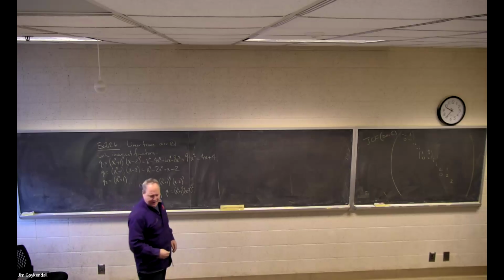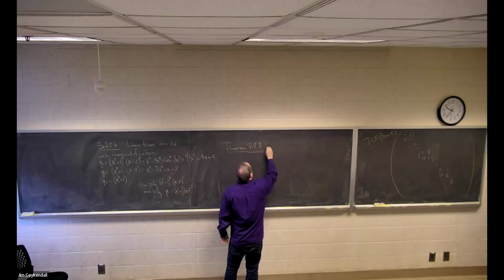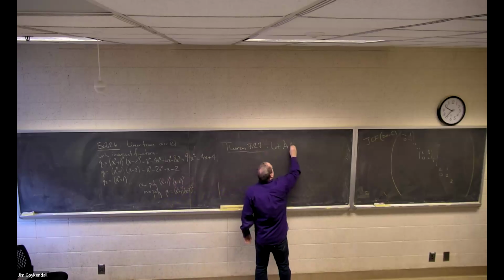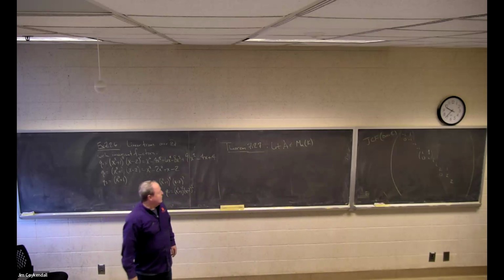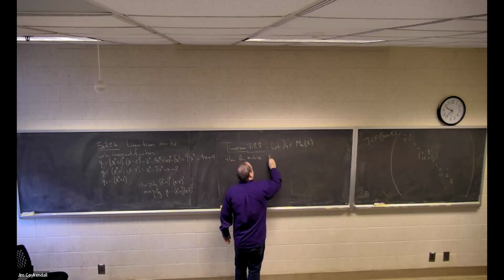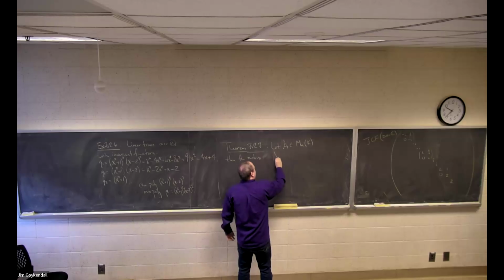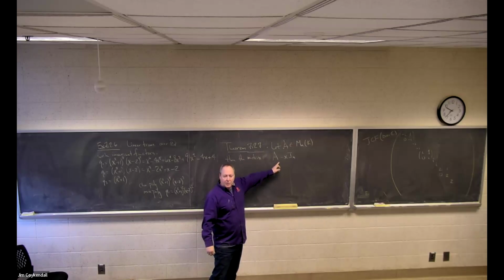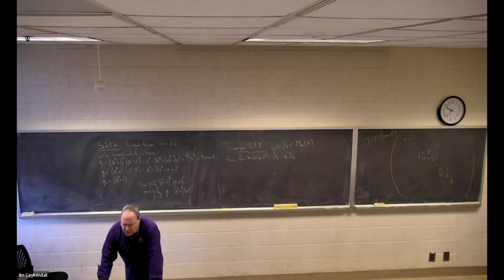Theorem: let A be an n by n matrix over the field K. Then the matrix of polynomials xI_n minus A. By the way, this would be the setup you would do if you wanted to figure out what the eigenvalues are: subtract x along the diagonal and take some determinant. But we're not going to take the determinant here.